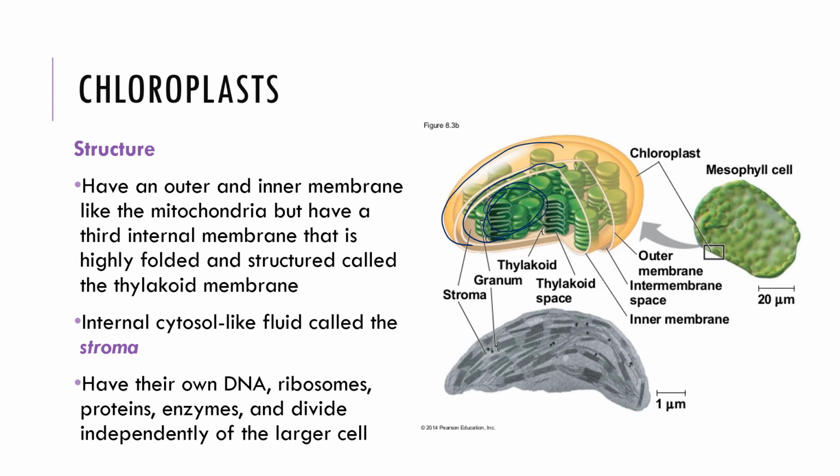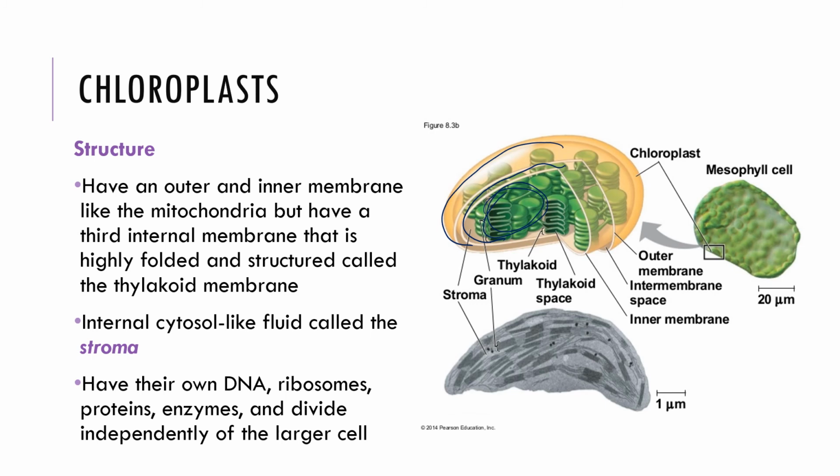They have their own DNA, they have their own ribosomes, their own proteins, their own enzymes. The mitochondria and the chloroplast even divide on their own inside our cells. They're going through cell division when our cell is just living its normal life. So we can make more chloroplasts and make more mitochondria within one cell.